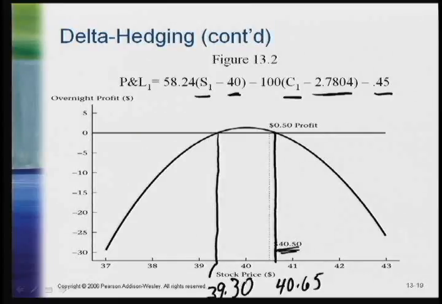So it looks as though if the stock price moves at the end of day one, any value between roughly $39.30 and $40.65, the market maker is going to make some money. And there's offsetting effects in this profit. And then what we have is, for price moves outside that range, we see the market maker has a loss at the end of day one.